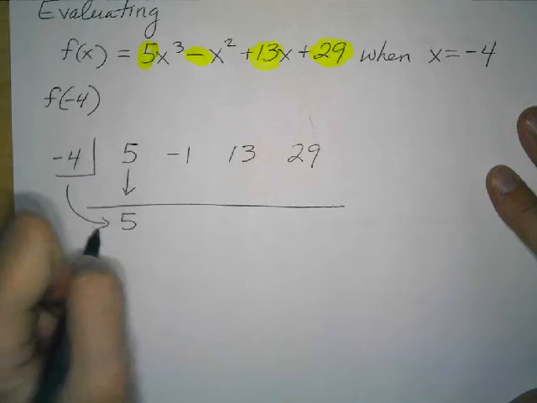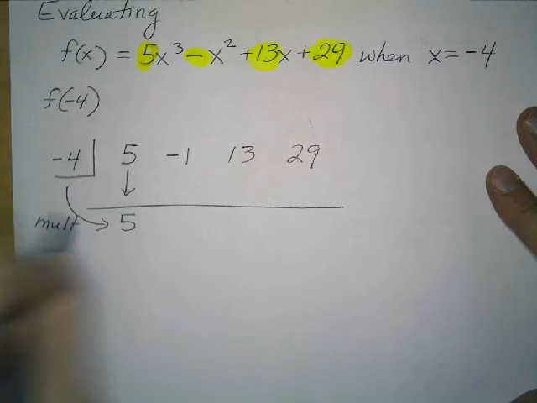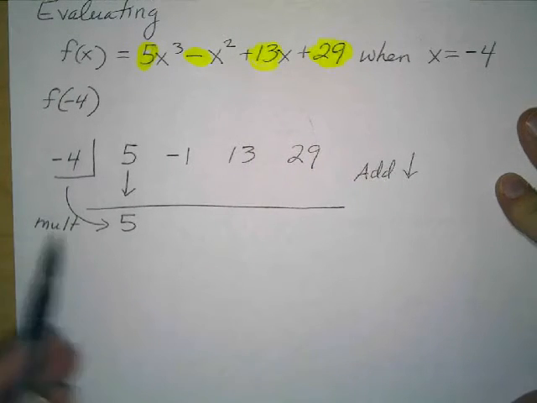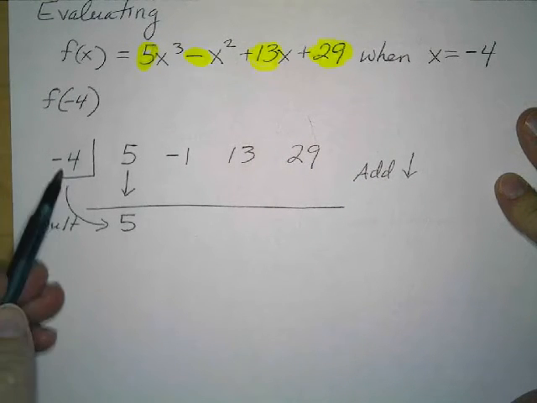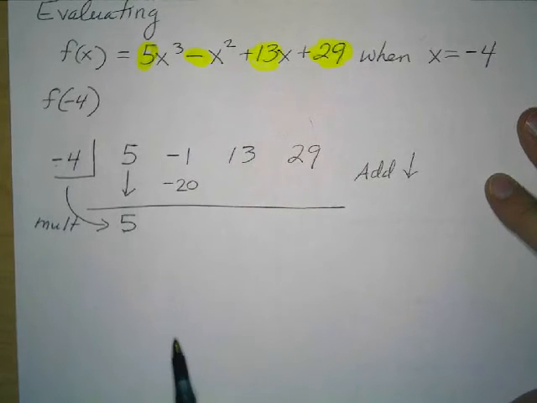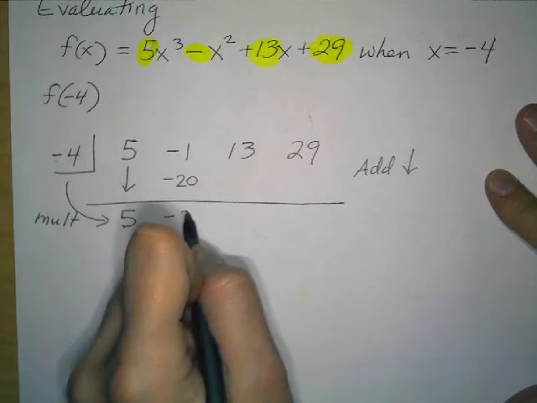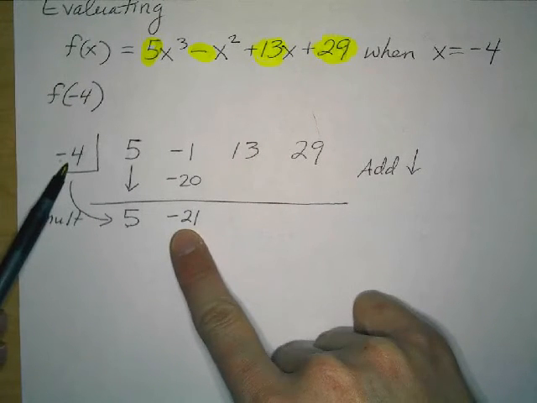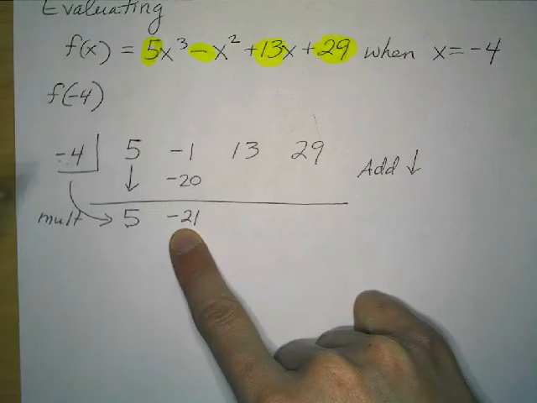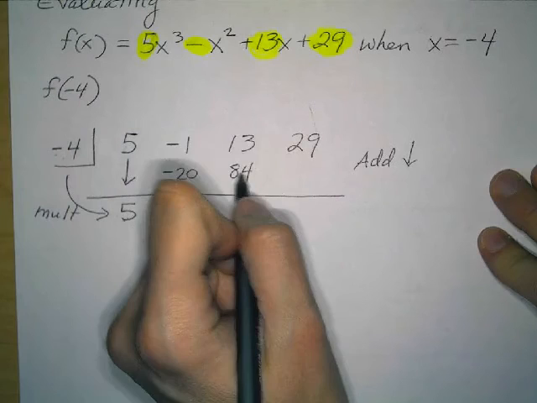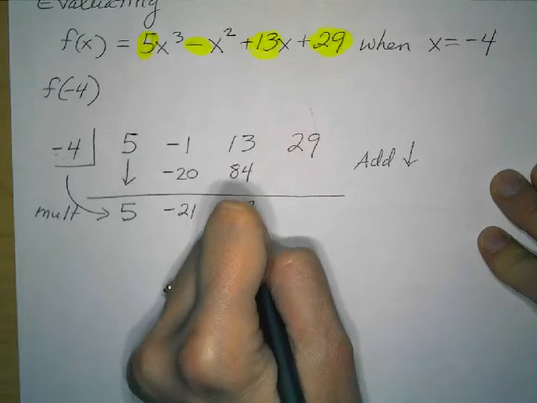Then you go multiplying and adding up and down. So I multiply this times this, it's -20. Add, -21. Now I got to multiply this times this. And you get 84. Then we add this up, 97, right?